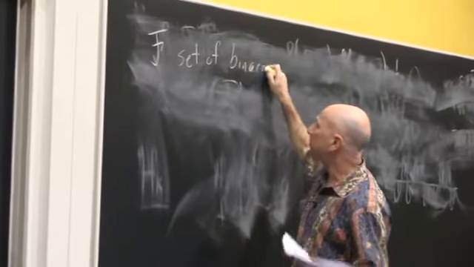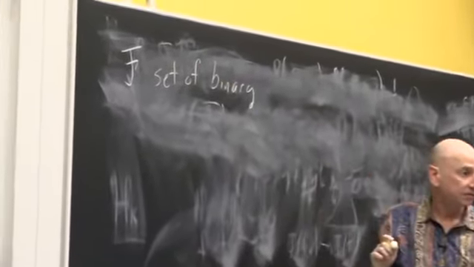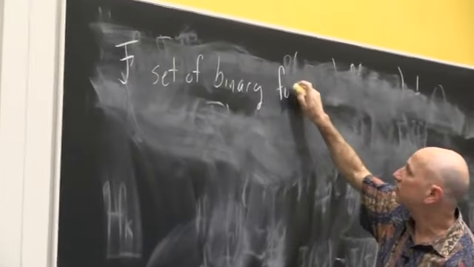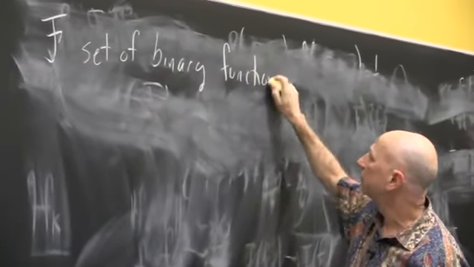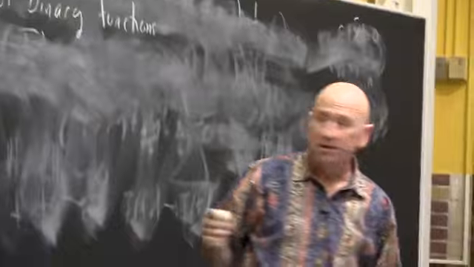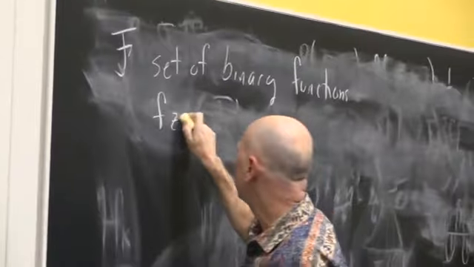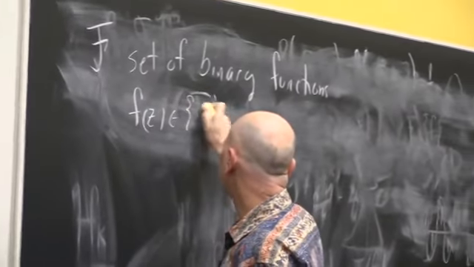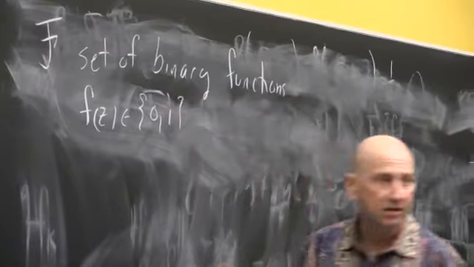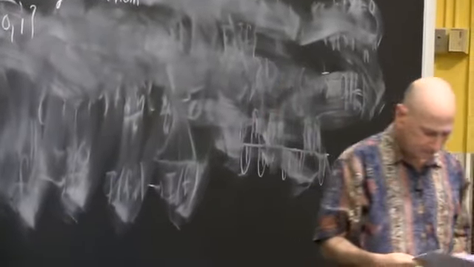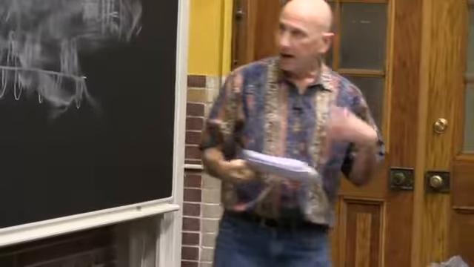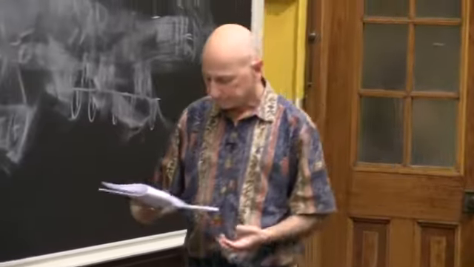Notice I didn't require the functions to be binary before, but now I'm going to stick to binary functions. What that means is F of z is either 0 or 1, the obvious example being classifiers. And I'm going to have a set of those.